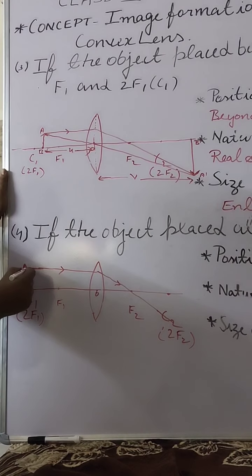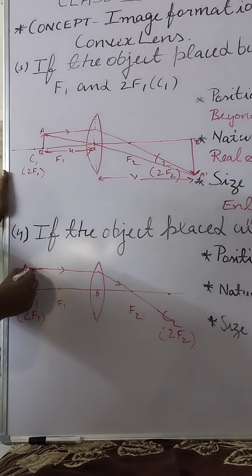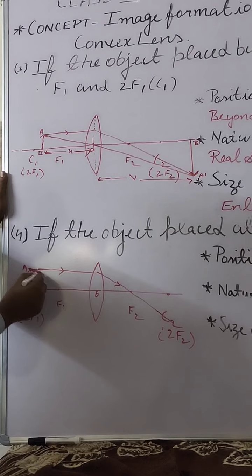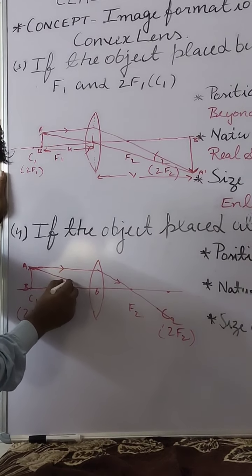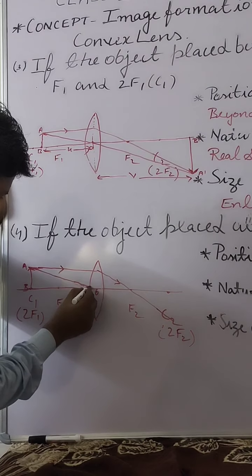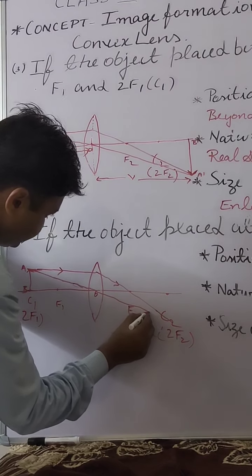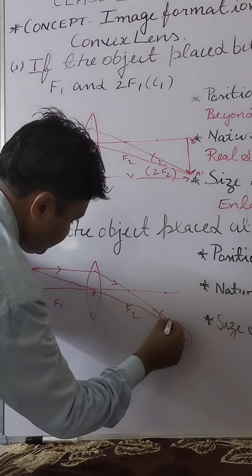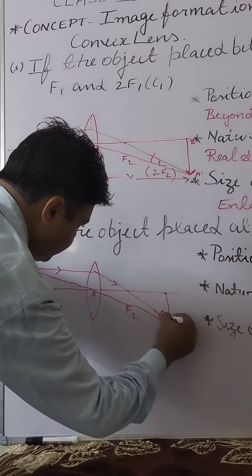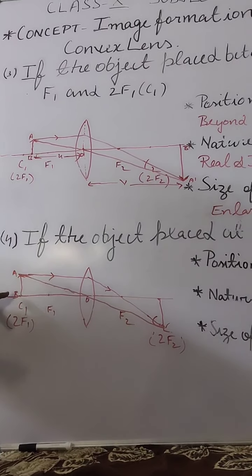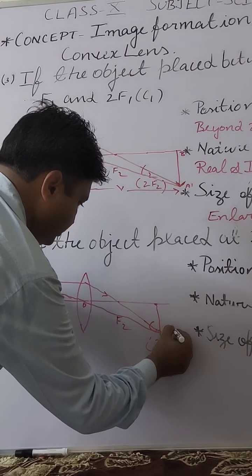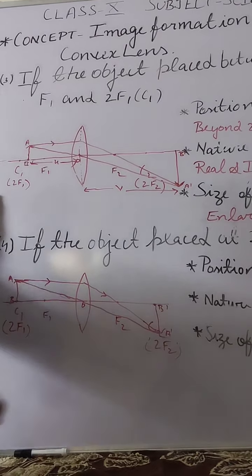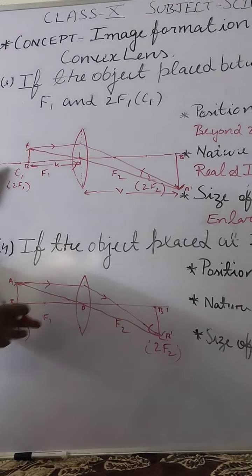Now the ray, again you will take according to the rule from here, and it will pass undeviated, and these rays will meet here at 2F2, so the image will be formed here, A dash B dash.